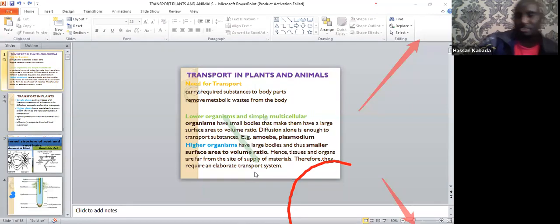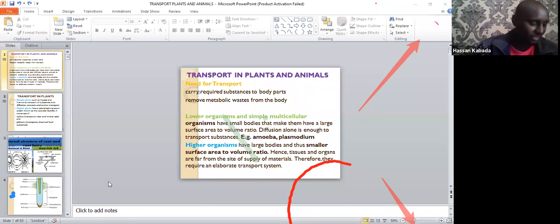I've just mentioned this. Because of their large bodies, meaning small surface area to volume ratio, materials need to move to different parts of the bodies of these organisms due to their numerous cells, tissues, and organ systems, which require these materials. And they also require to get rid of what they don't want in their cells. Hence, now, do you think simple diffusion can do that?